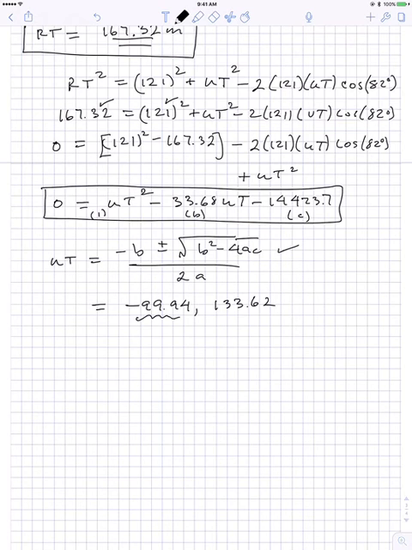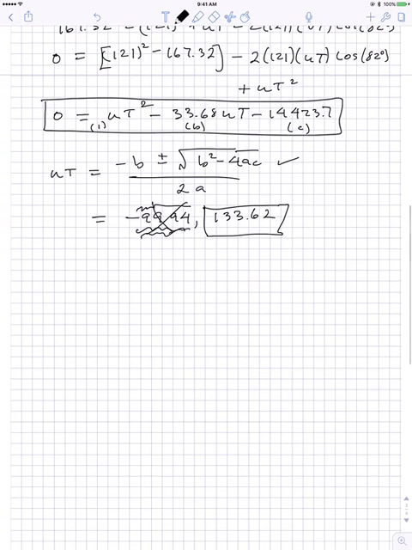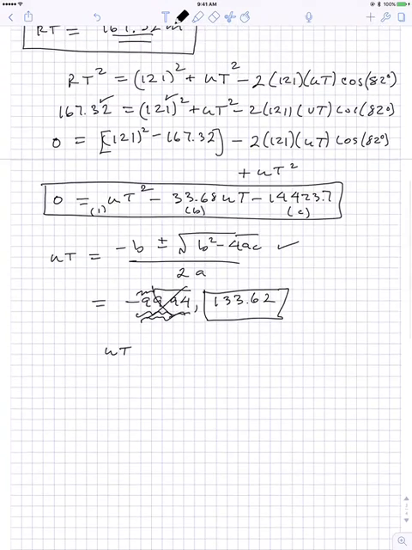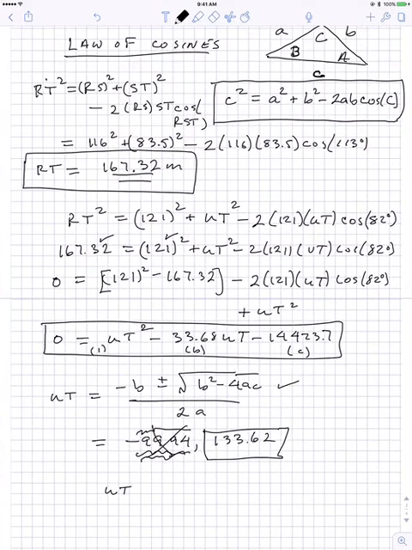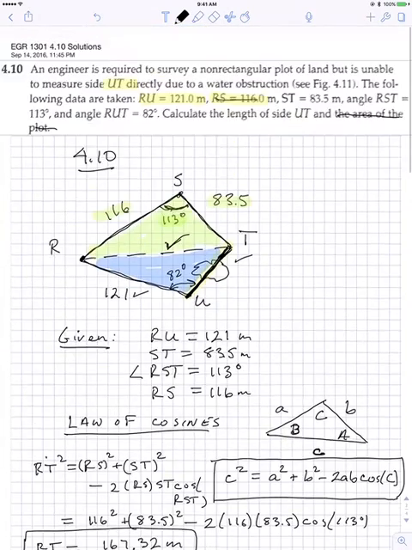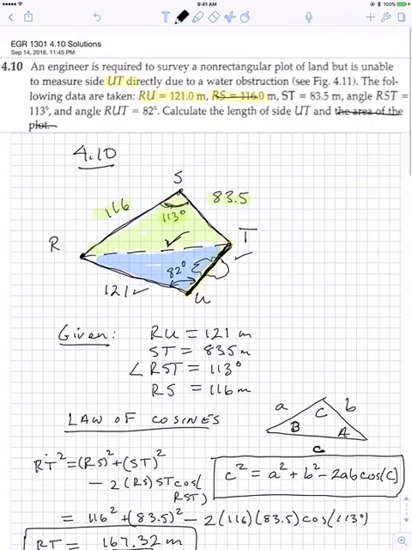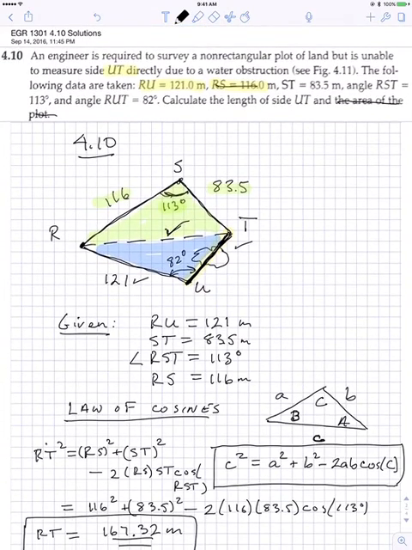One of these doesn't make any physical sense, and so we would omit the negative answer and keep just the positive answer. But then, of course, we're going to use the correct number of significant digits, and in this problem statement we're looking at either 2 or 3 significant digits.